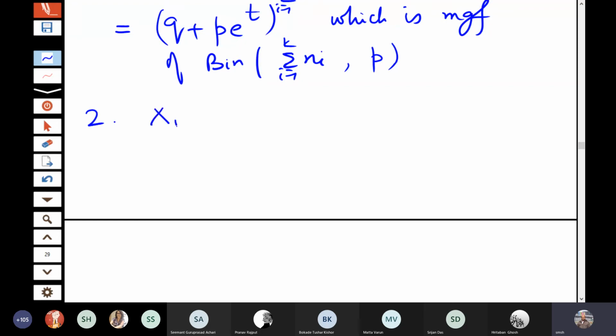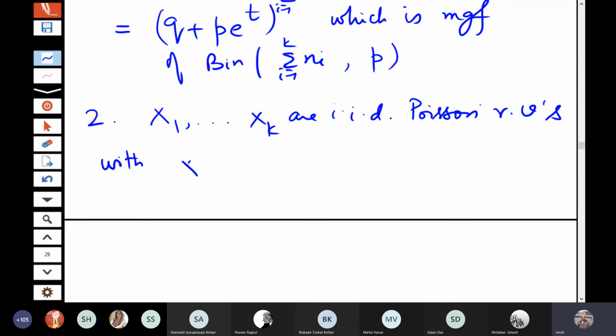Suppose I consider, say, x1, x2, xk are IID Poisson lambda. Let us put here IID Poisson random variables with Xi following Poisson(lambda i) for i equal to 1 to k, and Y is of course sigma Xi.